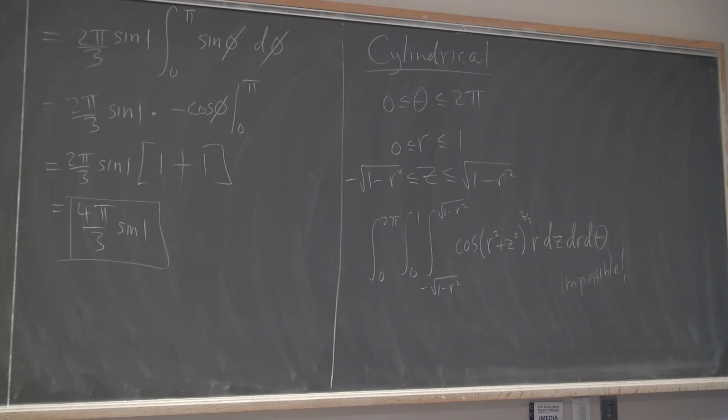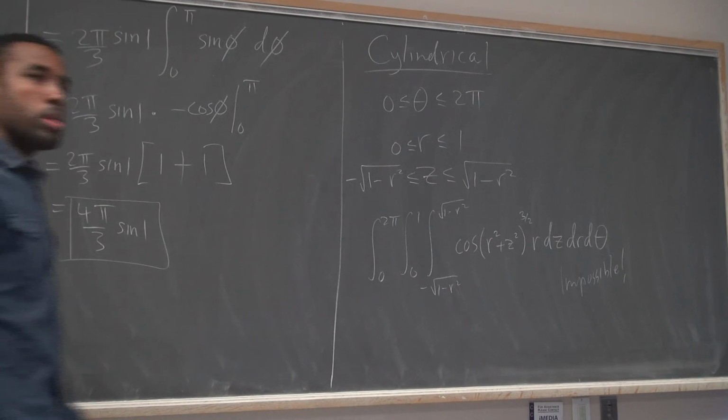Just for putting it in rectangular, the interval would just be from -1 to 1, -1 to 1 for all 3, right? Oh, no, because that would be a box.